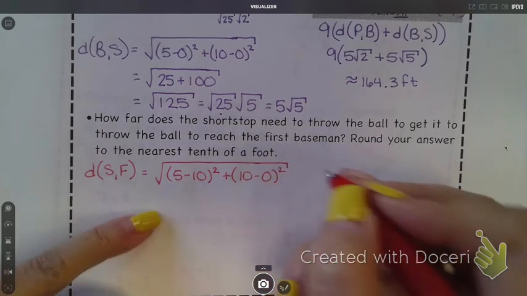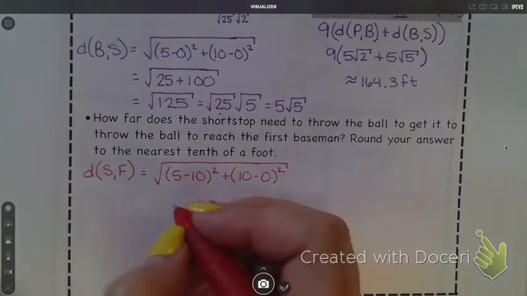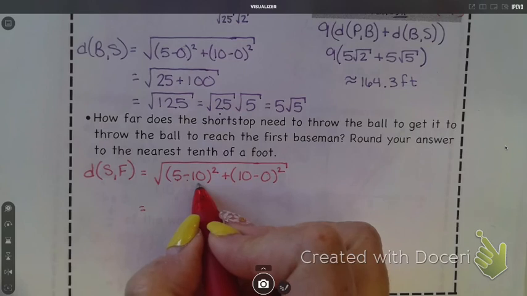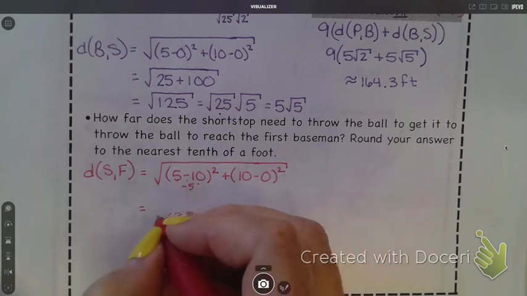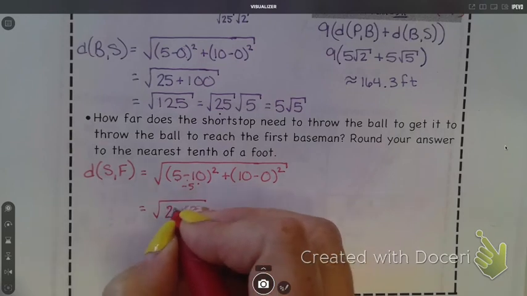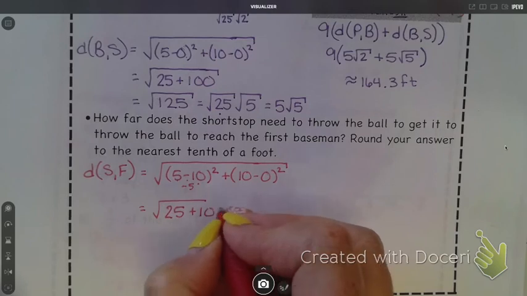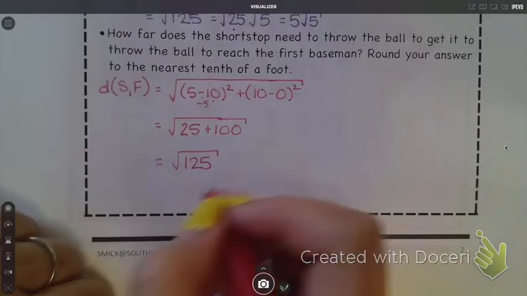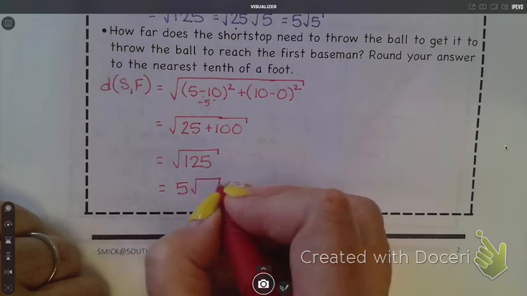See how I just said x minus x, y minus y? So I have 5 minus 10 is negative 5. Negative 5 squared is 25, plus 100. So it is the square root of 125, which we already said was 5 square root of 5.